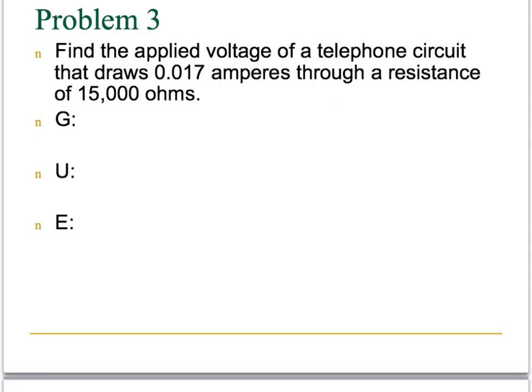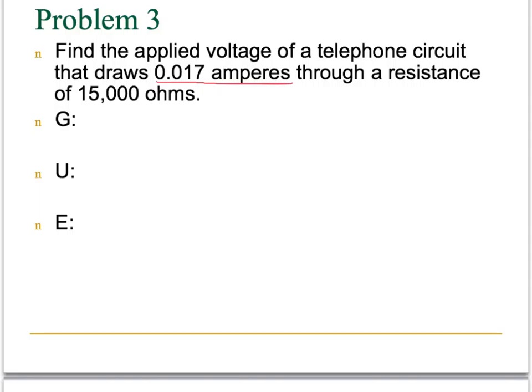Okay, problem number 3 states that find the applied voltage of a telephone circuit that draws 0.017 amperes through a resistance of 15,000 ohms. So what are we given here? We are given 0.017 amperes.